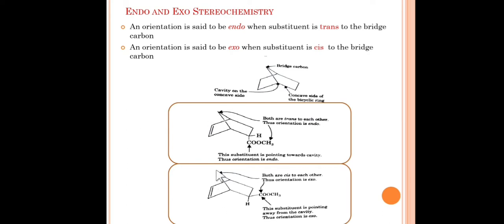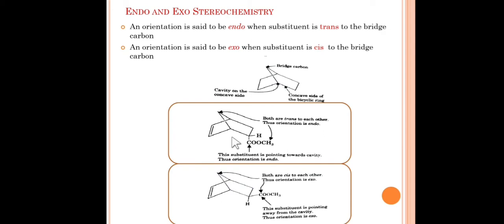And if the substituent is cis to the bridge carbon, that means COCH3 and this bridge carbon are both on the same side, then this orientation is called exo orientation. Also you can see that there is a cavity between this carbon and this carbon, so the endo product will go in the cavity.